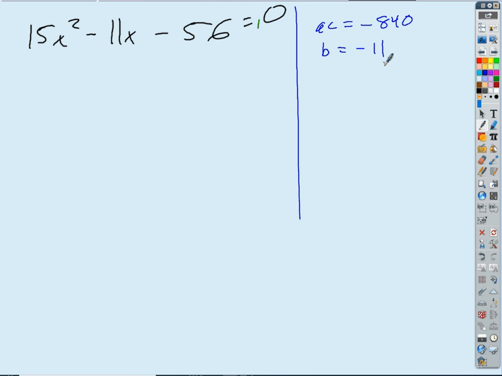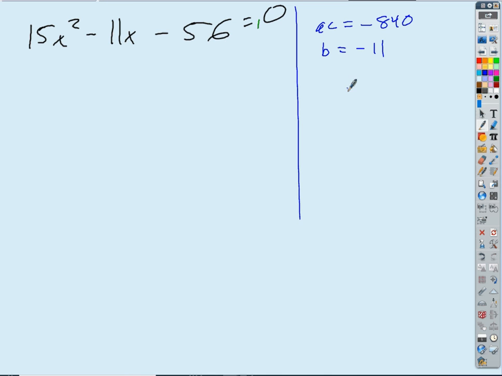Finding those numbers is not terribly easy, but what are my approaches there? I could try to find factors of A times C, and that's fine. I just want to show you a couple of patterns here. Stop me if I'm doing stuff that's too obvious and not worth talking about. There are some things I always go through, and I want to make sure this is all stuff you're comfortable with.